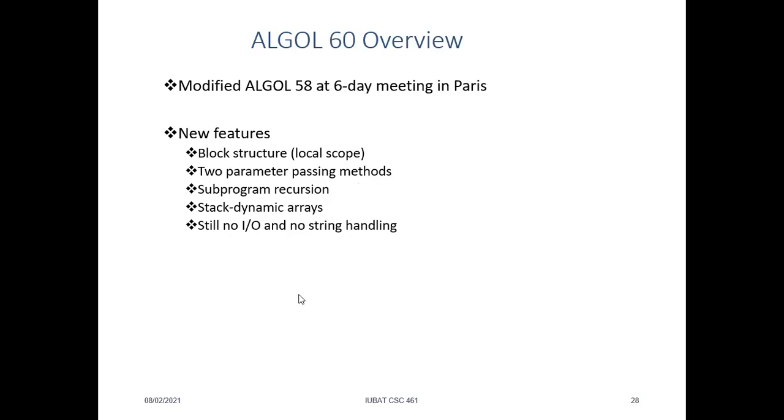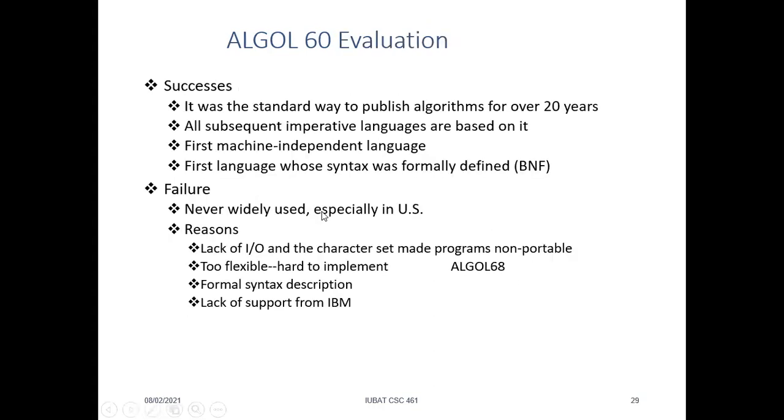So all the ideas they came up with, how to write the block structures, the loops, the subprograms, and the recursion, we still use in some of our programming languages. They modified it in 1960, and then ALGOL actually became a bit popular.